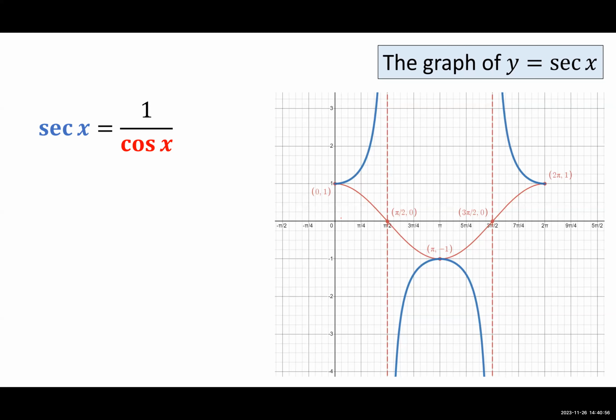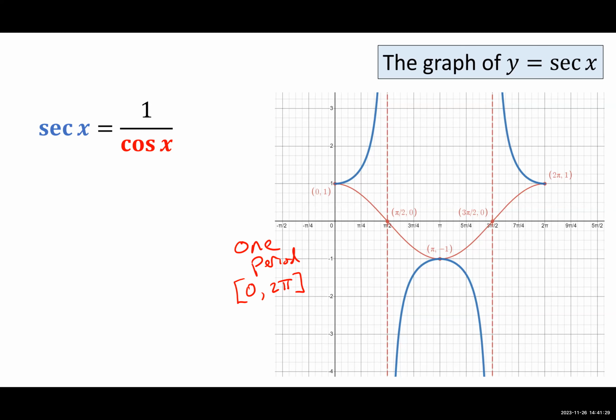If we look at the interval 0 to 2 pi, since the cosine function starts up here at 1, the secant function starts up here at 1 and goes up, right? But this is just one period, 0 to 2 pi, of the secant function.